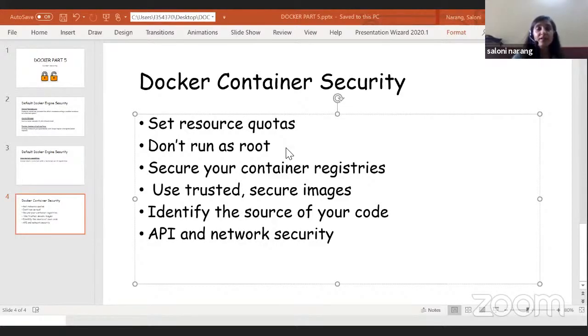And the last point: don't mount your Docker socket inside containers, since this will allow a process within the container to execute commands that give it full control of the host.